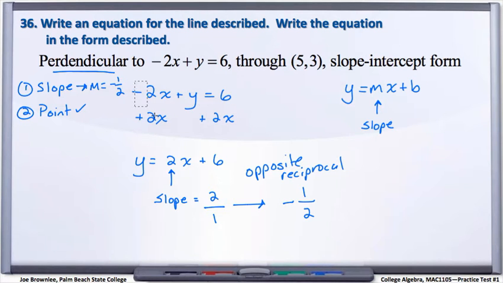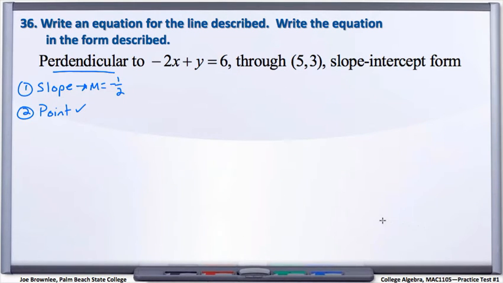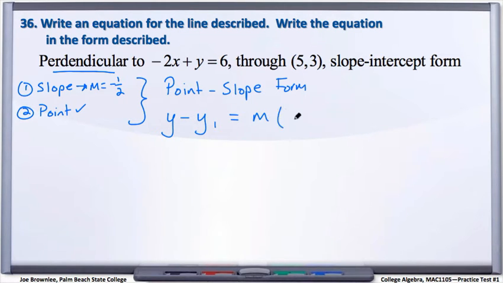All right, so now we have the two pieces of information that we need. We have a slope, which we just found, and we have the given point, (5, 3). So when you have a point and you have a slope, you're going to take these two pieces of information and plug them into the point-slope form. And hopefully you'll recall from class that the point-slope form is y minus y sub 1 equals m times x minus x sub 1.